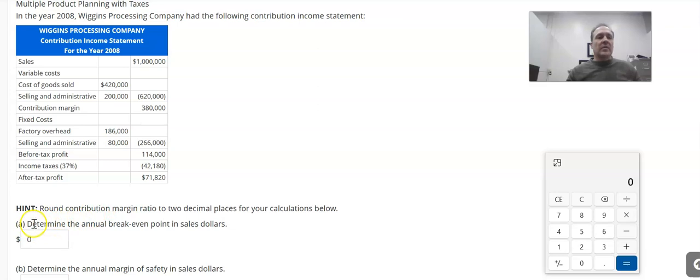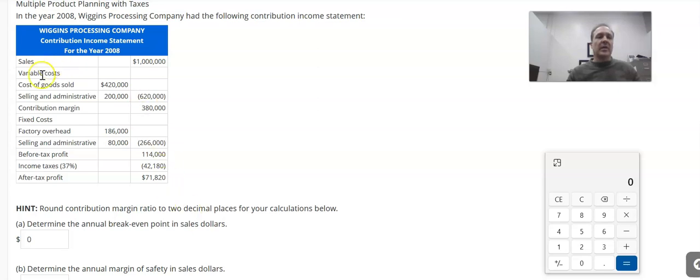It says, determine the annual break-even point in sales dollars. Okay, so you can probably do this on your own, but we said earlier that our formula for determining break-even point in sales dollars is simply our fixed cost divided by our contribution margin ratio.